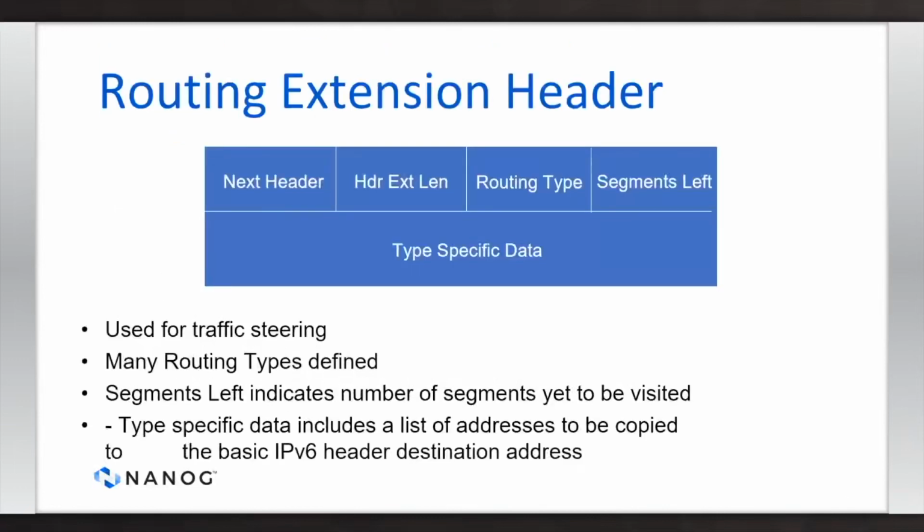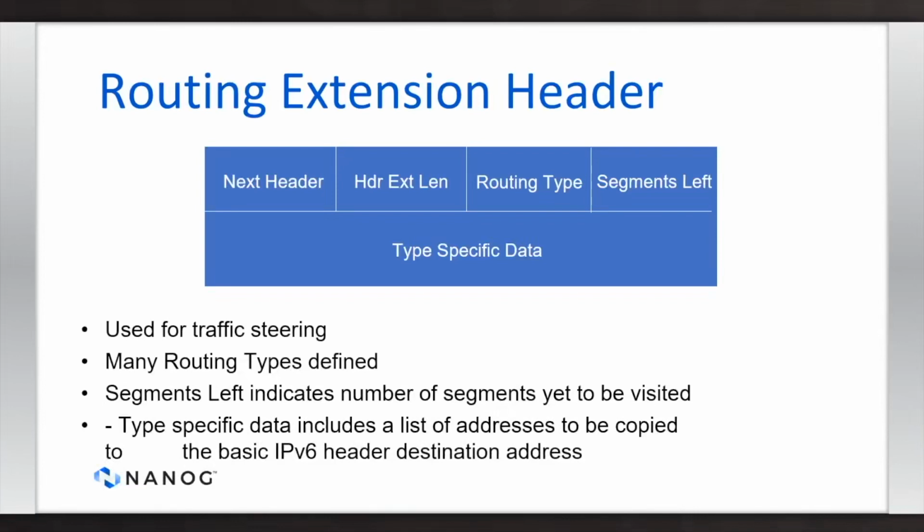Let's talk next about the routing extension header. Let's say for a moment you have a packet and you do not want it to travel the routing least cost path from source to destination. You think there are a few nodes that it must visit on the way because you want it taking some traffic engineered path. Well, we have this routing extension header.